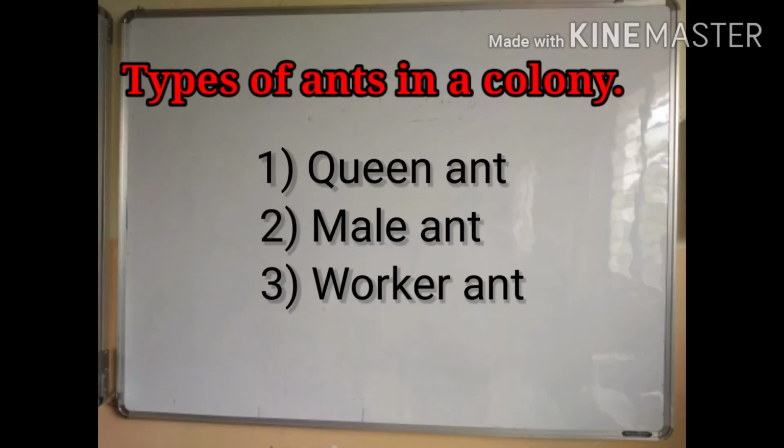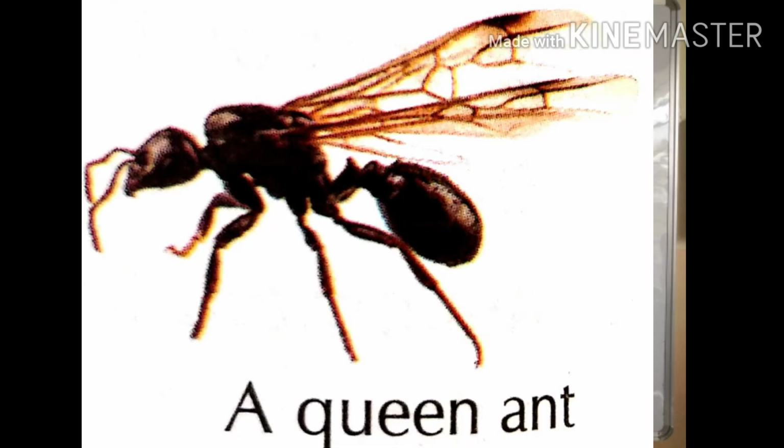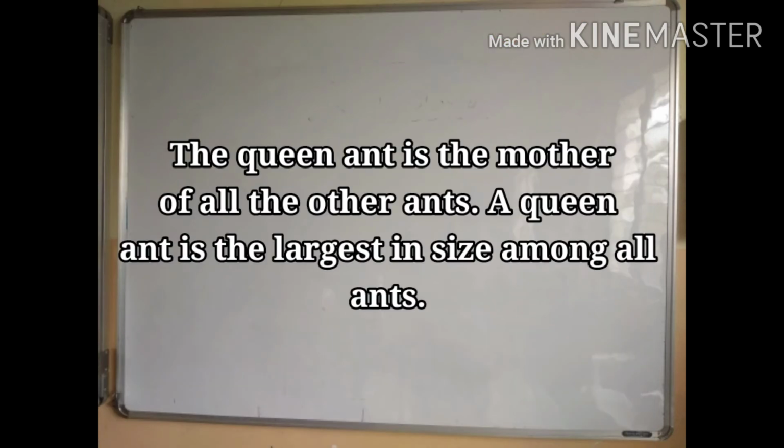Now we have to see types of ants in a colony. First, queen ant, second, male ant, third, worker ant. Okay, now see. Here is the first type, the queen ant. The queen ant is the mother of all other ants.